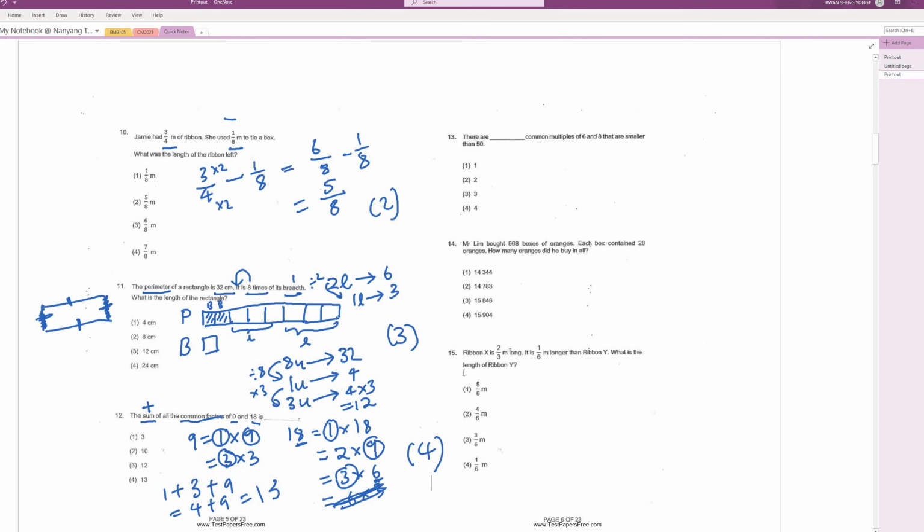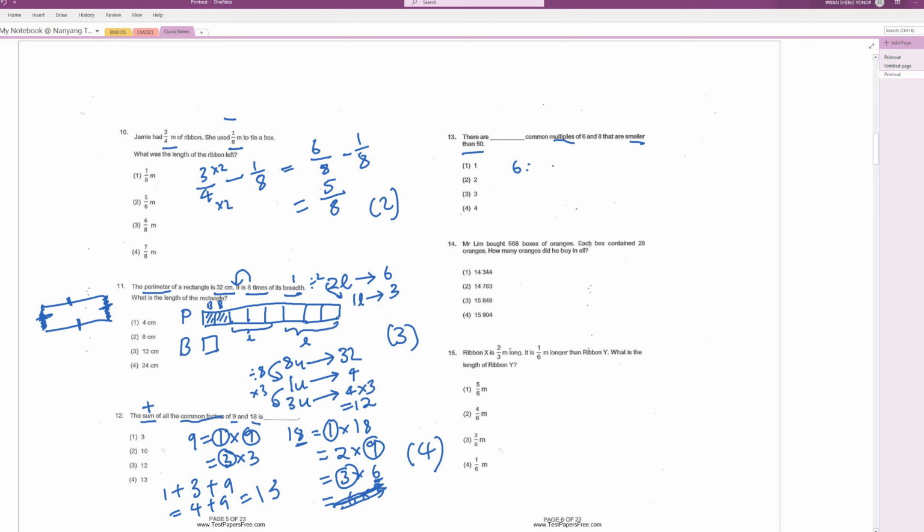Next question, question 13. There are how many common multiples of 6 and 8 that are smaller than 50? Again, there are two parts to this question. We have to find the common multiples of 6 and 8. We find the multiples of 6 first.